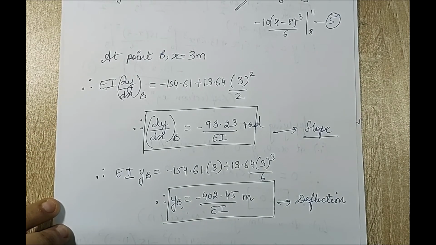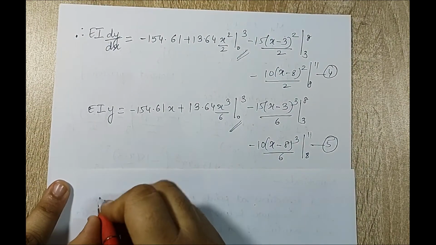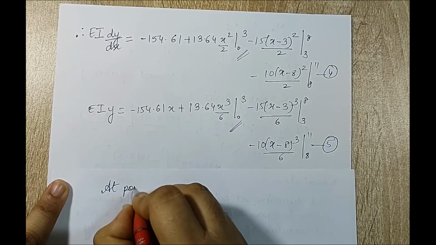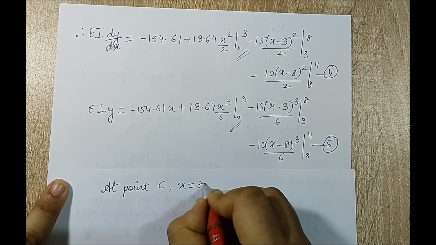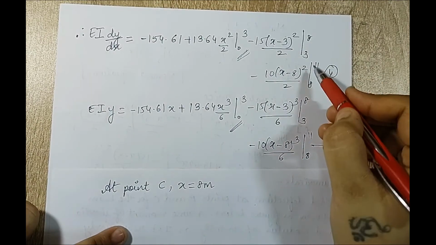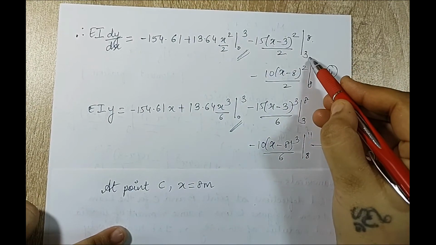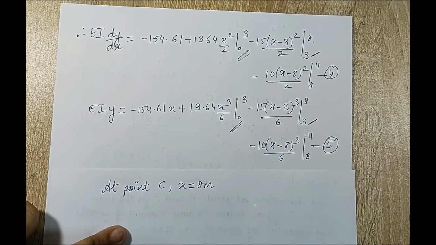So next I'll go for solving for the point C. Now again I'm going to write down at point C, x is equal to 8 meter. When I say x is equal to 8 meter, you can see the highest domain has to be 8. So now I'll stop only till this portion and over here till this portion.